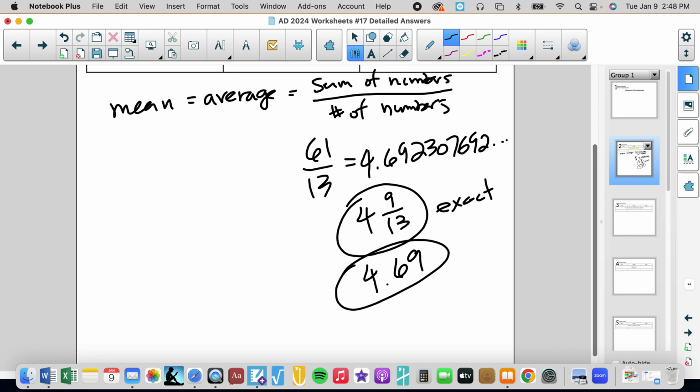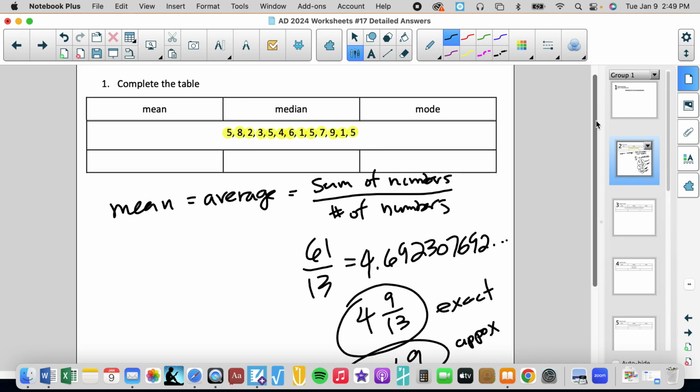This is an approximation to the hundredths. If you had to give it to the tenths, this is approximate. If you had to give it to the whole number, that would be an approximate value. So you don't know what you're dealing with. So the mean is 4 and 9/13. I'm going to give that because I like exact.